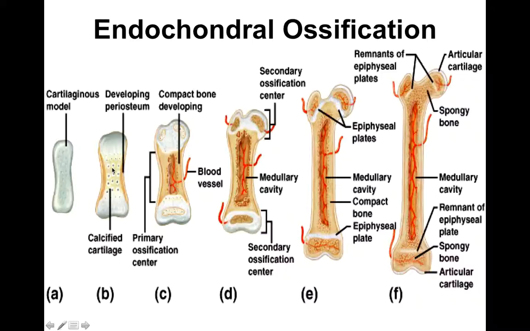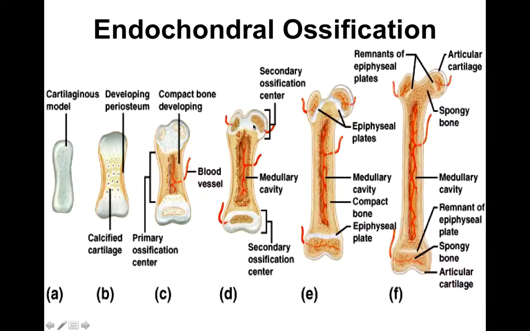So the cartilage in here becomes highly calcified. And this is the primary ossification center. So we're going to start digging out a medullary cavity out of this bone. So which cells would be involved with digging out a medullary cavity? That would be osteoclasts. And the osteoblasts are actually building the bone.